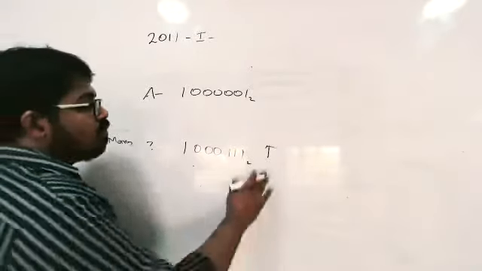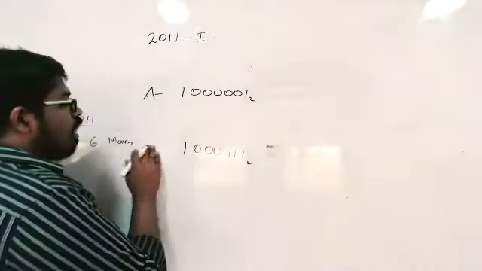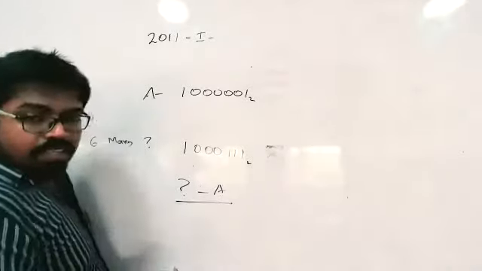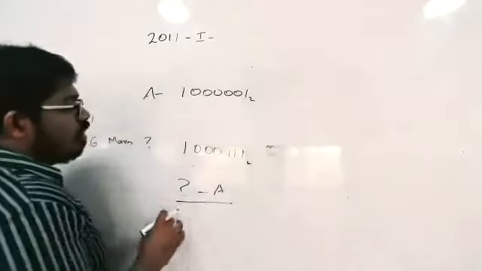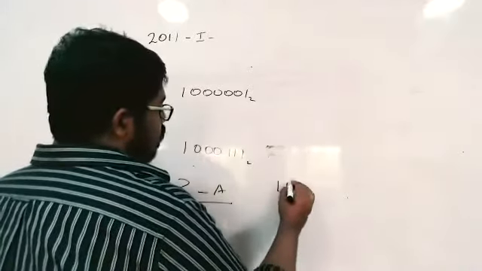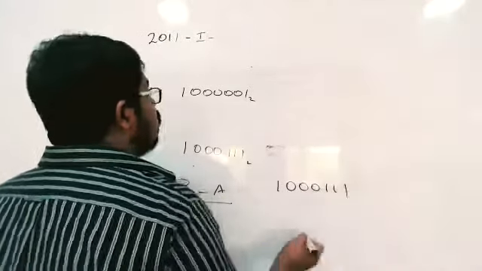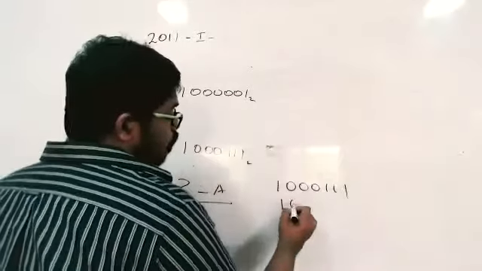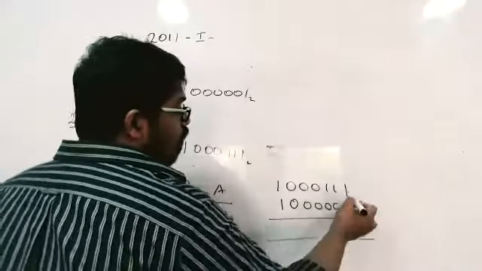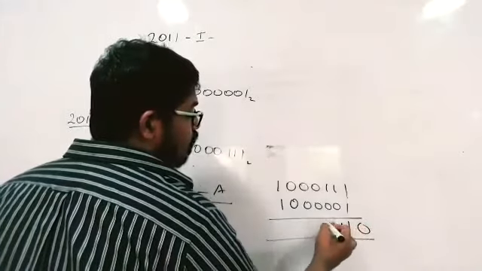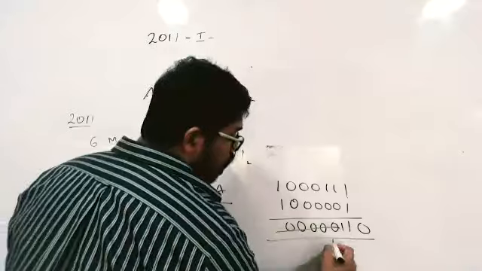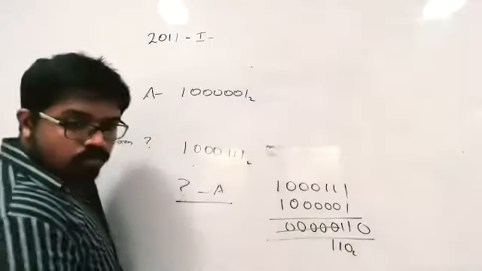So I will subtract A from the unknown one, then we can get the difference. I will perform the subtraction, and the answer will be 1 1 0 base 2.